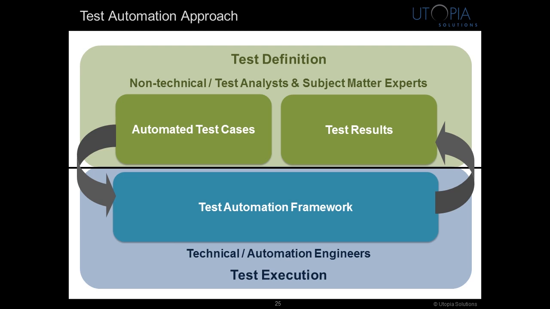In these situations, we like to implement an approach that separates out the automation engineer activities from the test analyst activities. It allows each set of resources to focus on what they can add the most value to. It also allows a group of automation engineers to support multiple projects in more of a shared service model. It's much more efficient than staffing a dedicated automation engineer or engineers to a single project.